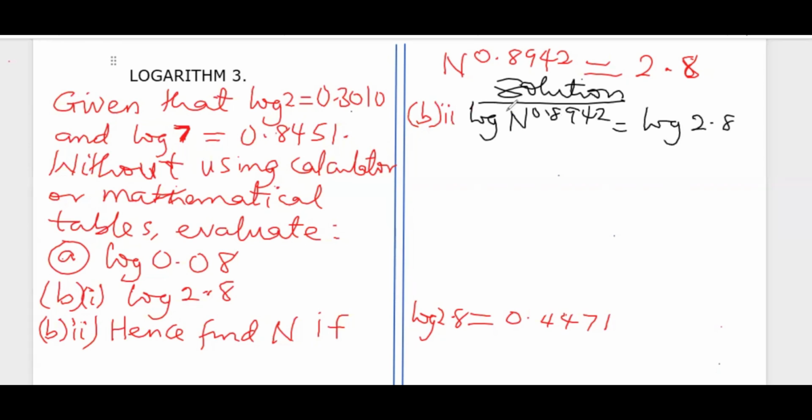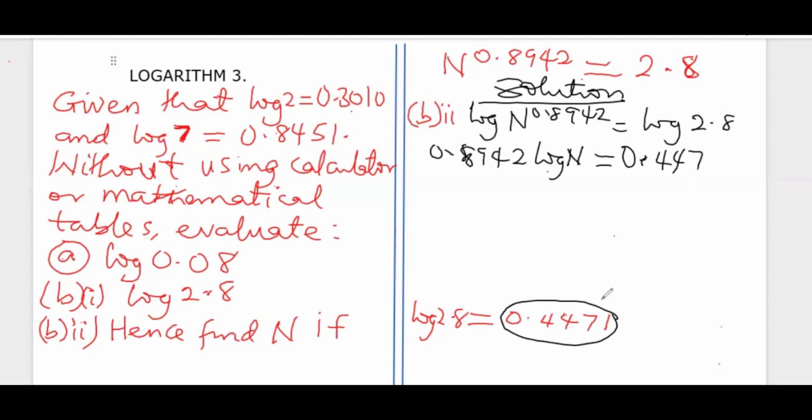So from here, we can throw the power to the back. We have 0.8942 log n equals, where we have log 2.8, let's just use the value we obtained in BI, which is 0.4471. So we can now divide both sides by the coefficient of log n here. Divide both sides by this.